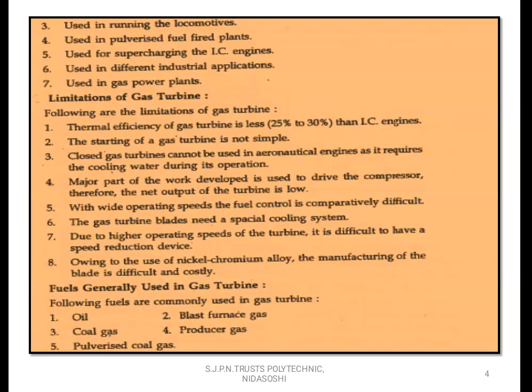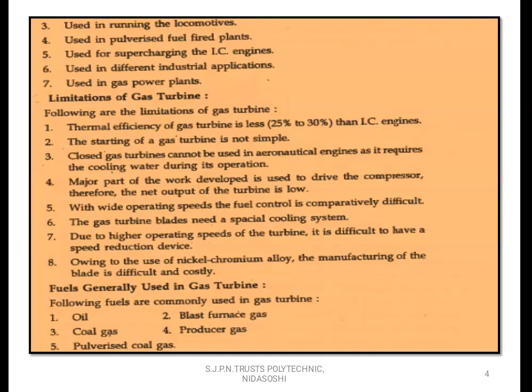The fourth limitation is that most of the power developed is utilized for driving the compressor in the plant only. It causes power loss. That means out of 100% of the work, 60% is used for driving the compressor and 40% is used for other work purposes.